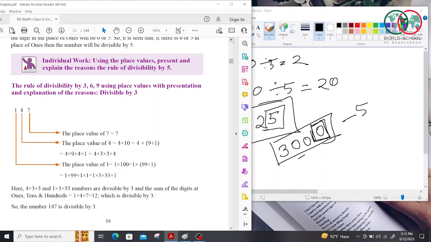If we look at the place values, we can see that the numbers are not divisible by 3. But if we add all the digits of the number, like 1 4 7, and the number we get is divisible by 3, then the whole number would be divisible by 3.